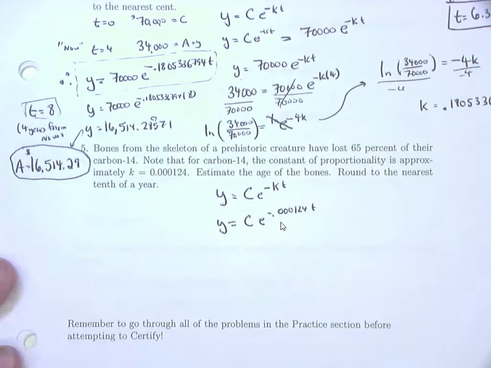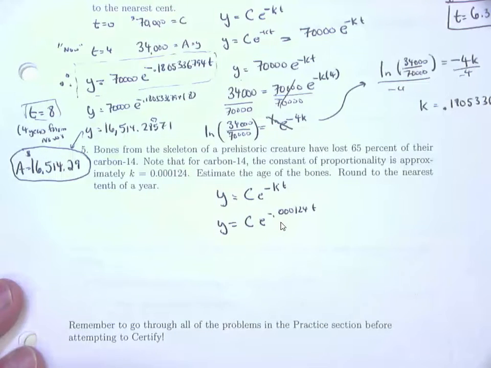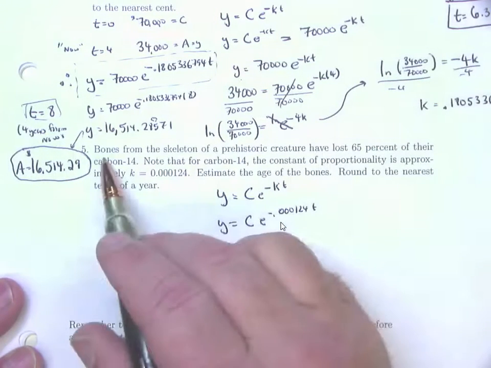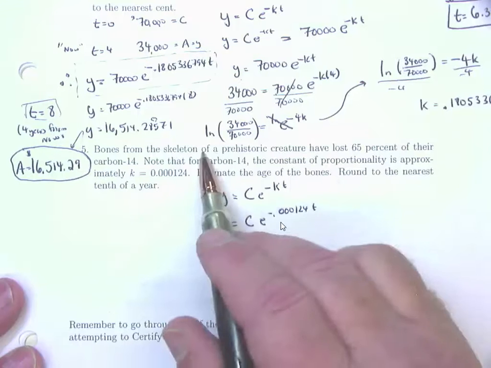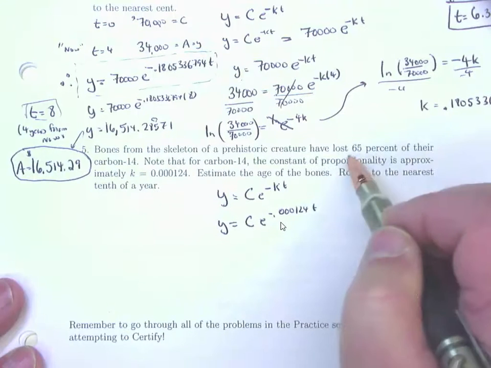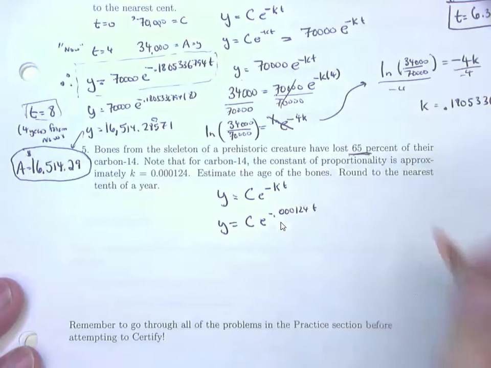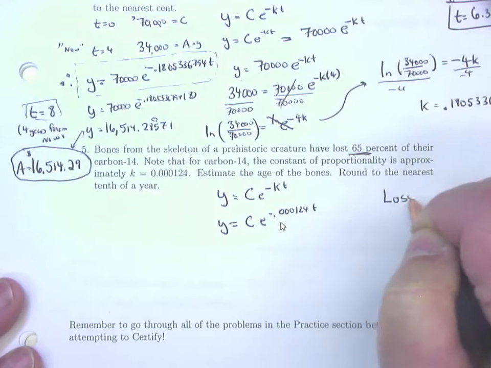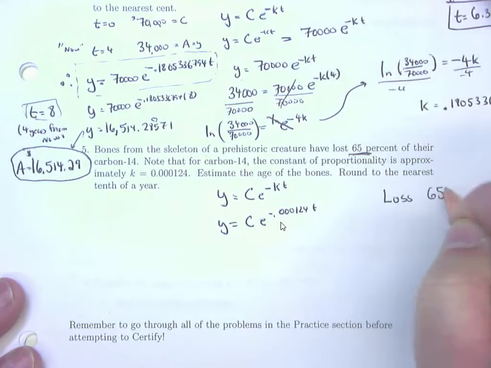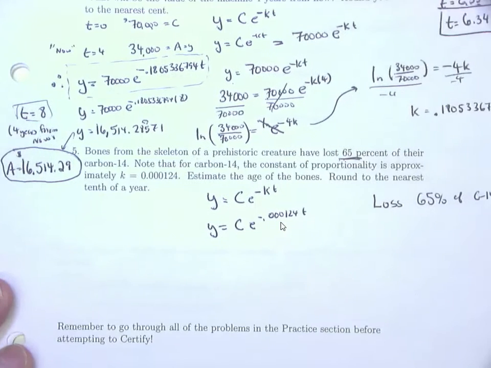Now, here's the deal. Again, interpreting this stuff. The bones of a skeleton of a prehistoric creature has lost 65%. Now, this is words we're going to have to play with here. It has lost 65% of the C14, the carbon-14 stuff.